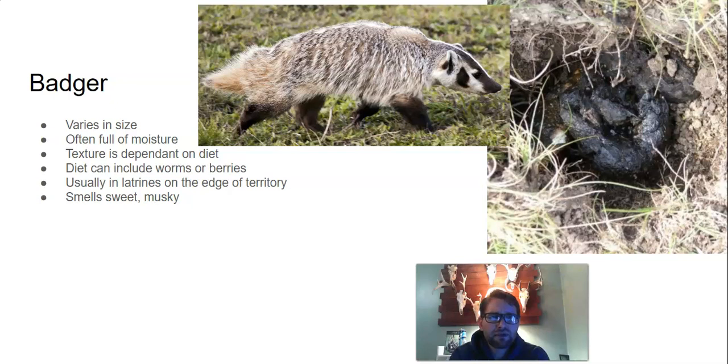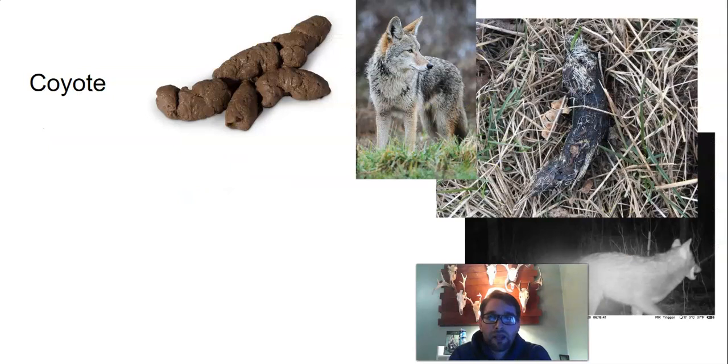So you can see in this image where there was a hole that was dug and then the organism deposited its scat there. It does have a musky, sweet odor to it. So if you're walking through the woods and you notice something that smells funny, has a musky odor to it, maybe take a look around. You may have a badger in your area.